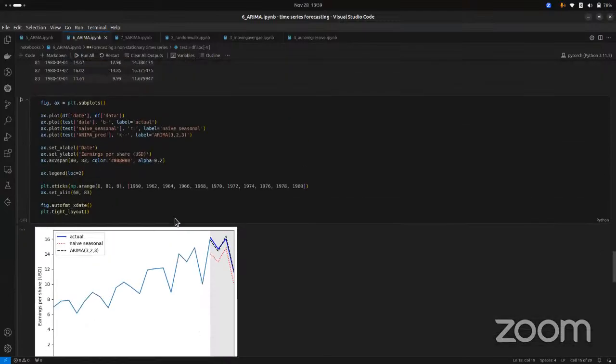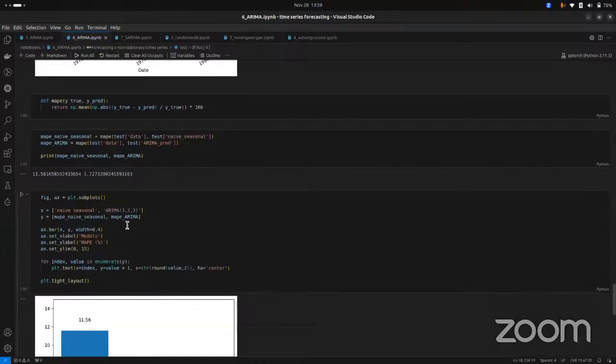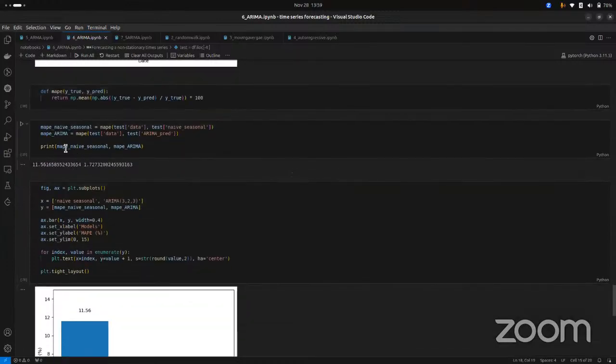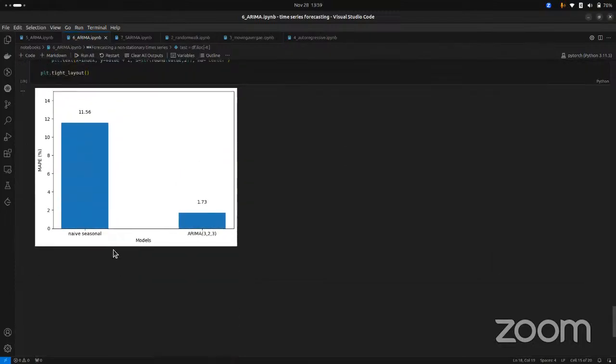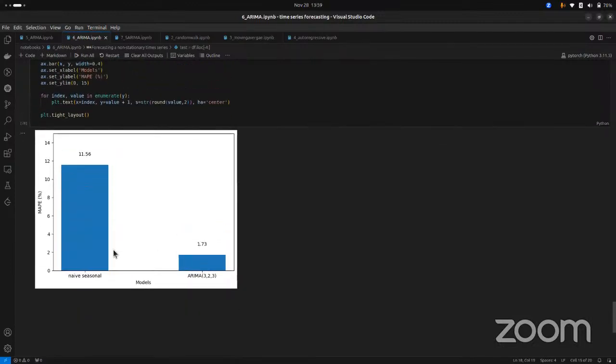And if we do that, we get the MAPE as 11 for the naive and 1 for the ARIMA. And we plot that, we see how far apart they are. So we see that the ARIMA model is really good for this process.